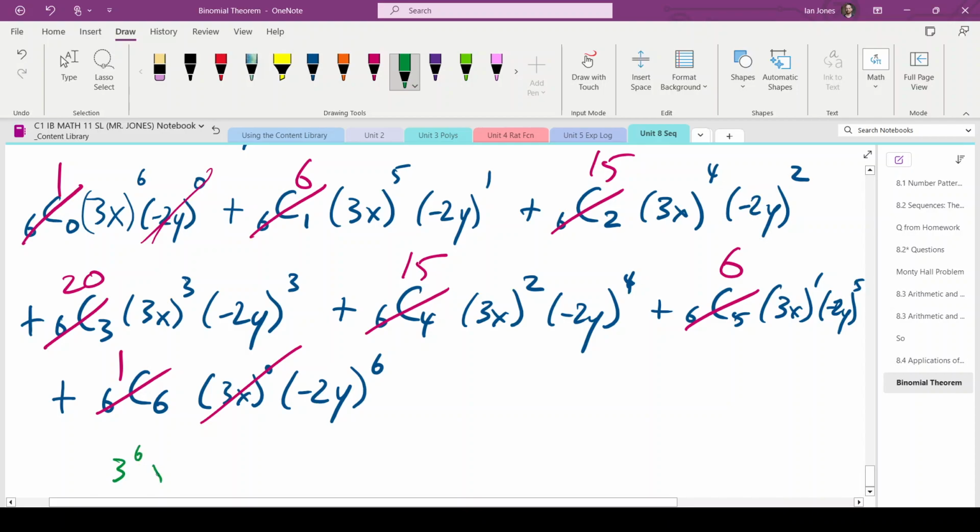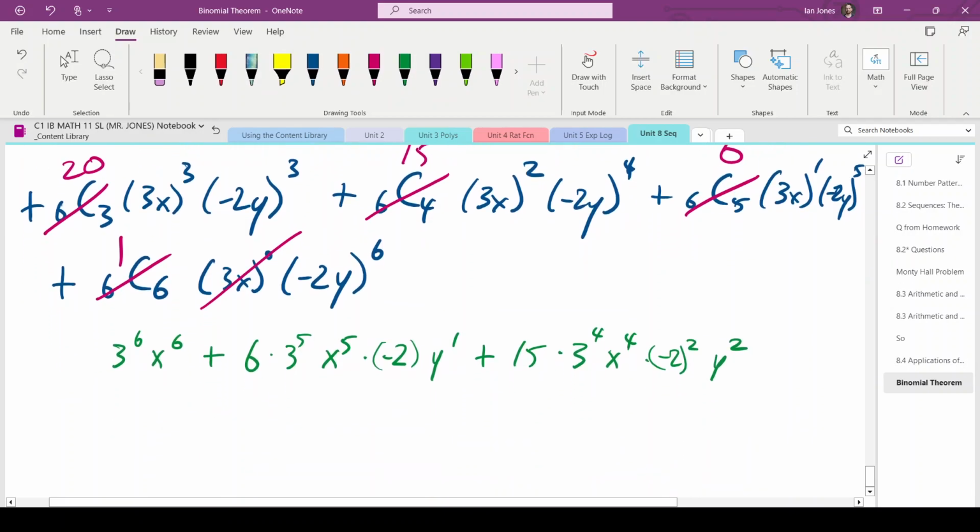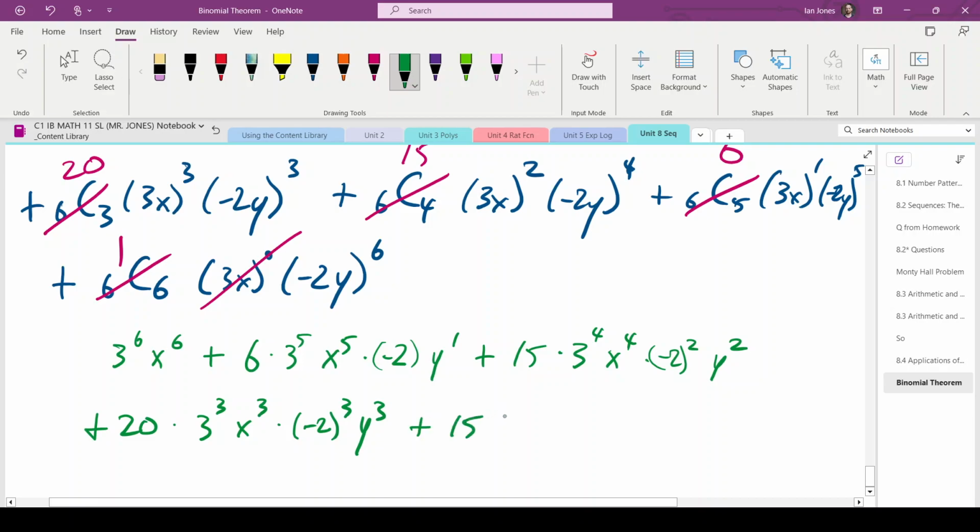3 to the 6 x to the 6 plus 6 times 3 to the 5 x to the 5 times negative 2 to the 1 y to the 1 plus 15 times 3 to the 4 x to the 4 times negative 2 squared y squared plus 20 times 3 cubed x cubed times negative 2 cubed y cubed plus 15 times 3 squared x squared times negative 2 to the 4th y to the 4th.